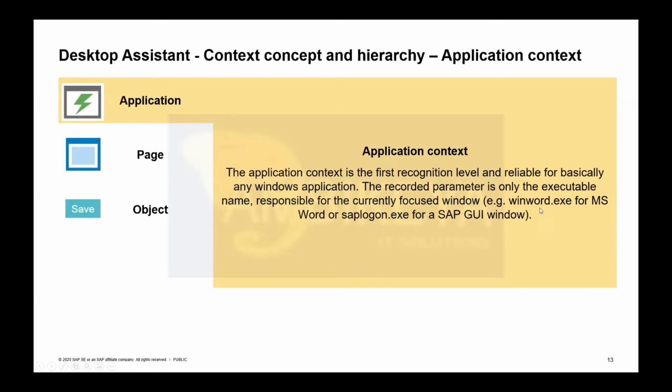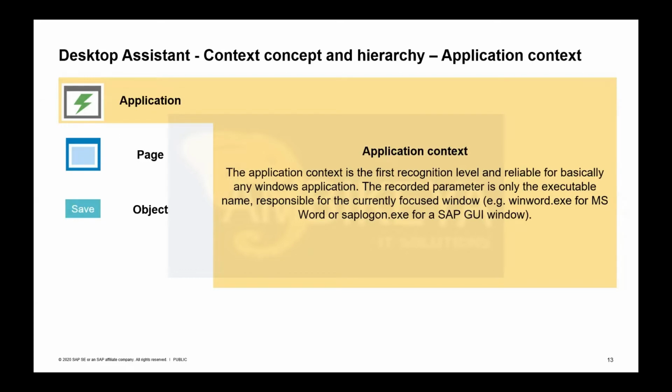If you have a Word window in front of you, the executable, the exe file that hosts this window, is the WinWord exe. If you have a SAP GUI window in front of you, the executable that is responsible for that window is the SAP logon.exe. In Windows, all executable names are unique per default because that's like the Highlander, there can be only one. Yeah, so it's not possible to run two executables that have the same name at the same time.